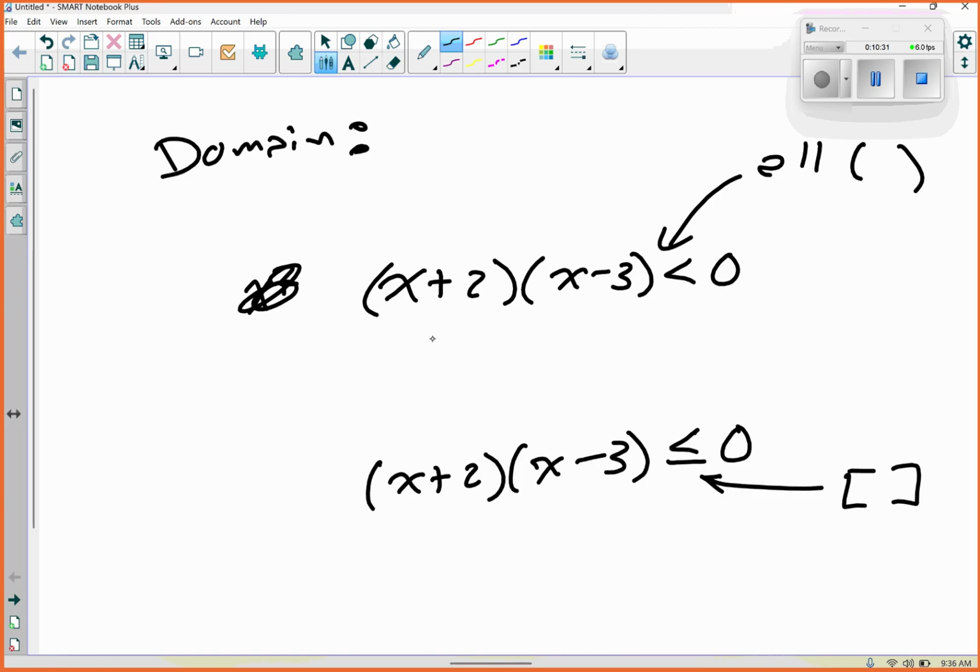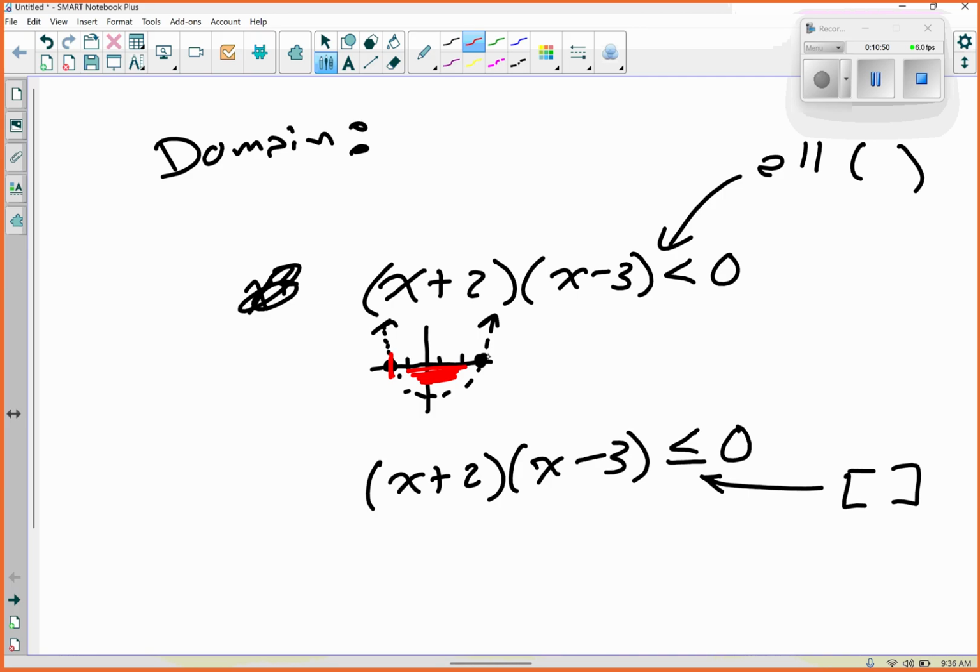What that basically means is this. If I had graphed this as a parabola, it crosses at -2 and at +3, and this would have been a dotted line. What they want here is less than 0, so they want this region down here.